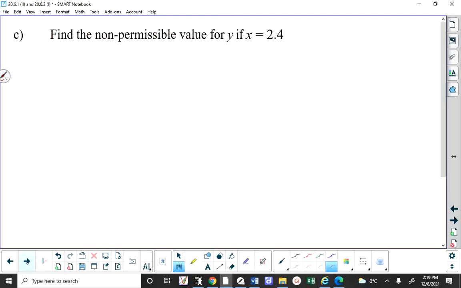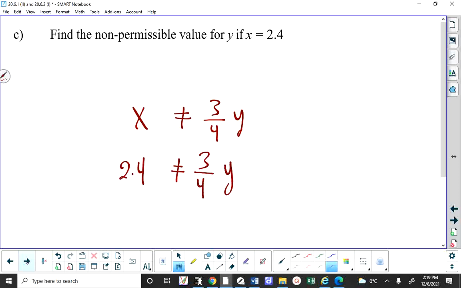So what's the non-permissible value for y if x is 2.4? Well, what we know is that x cannot be equal to 3/4 of y. And if x is not allowed to be 2.4, we can put that in and we can solve this for the non-permissible value for y.